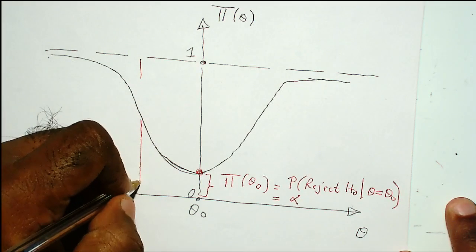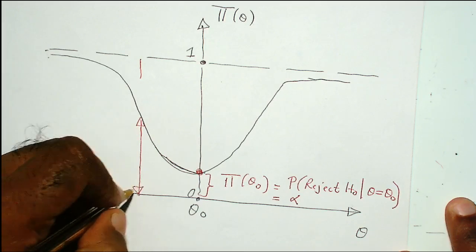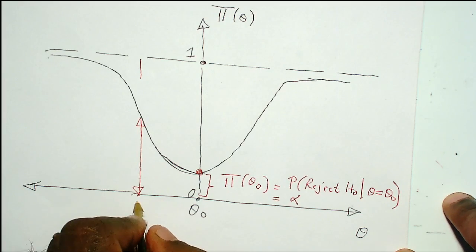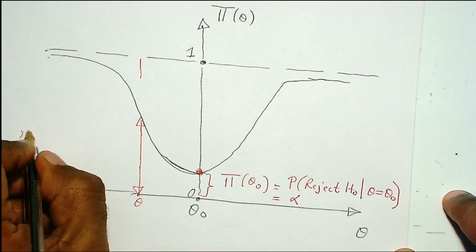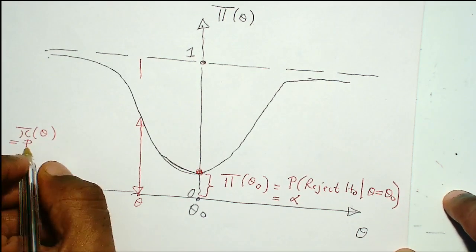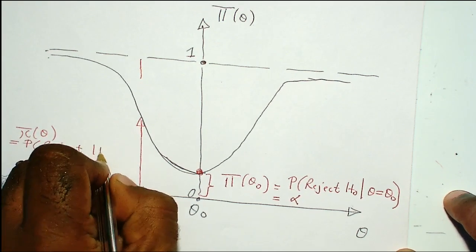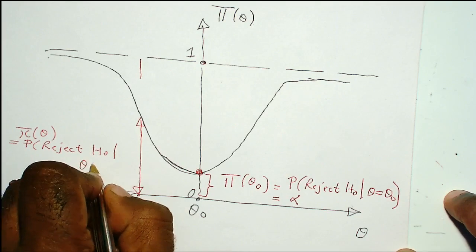Let me take a point over here, guys. Now, this height here, right? If this is the point, say, theta, this is equal to pi of theta, which is the probability of rejecting H0 given that theta is not equal to theta 0.